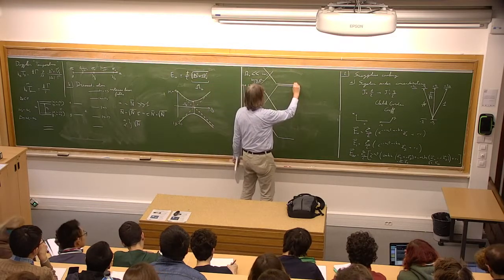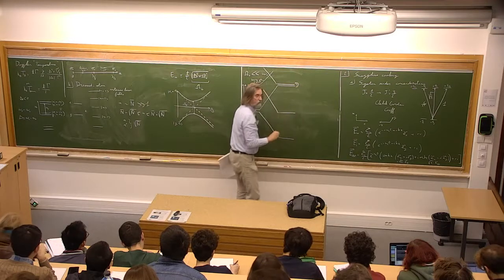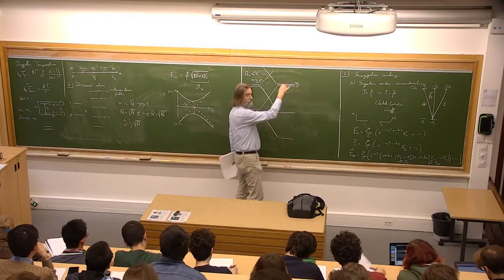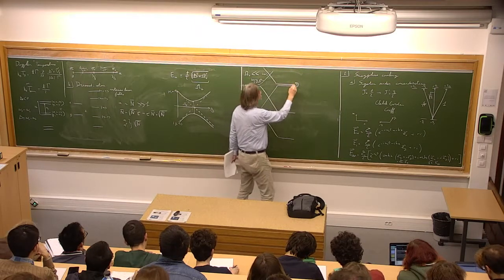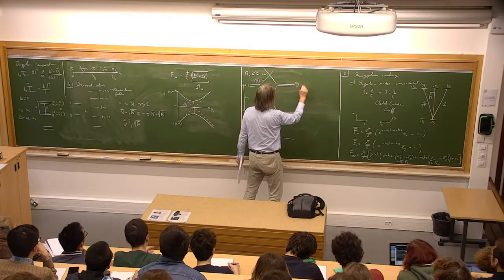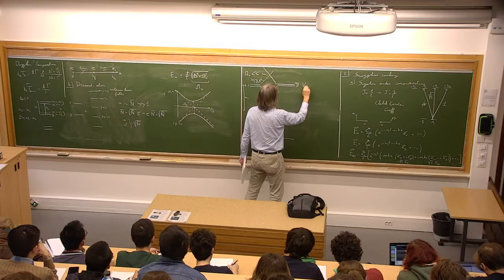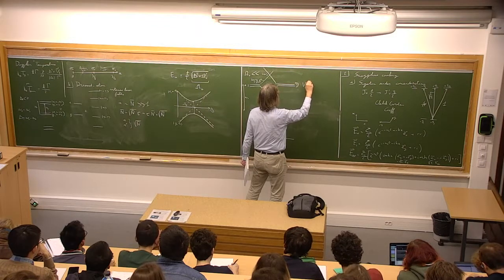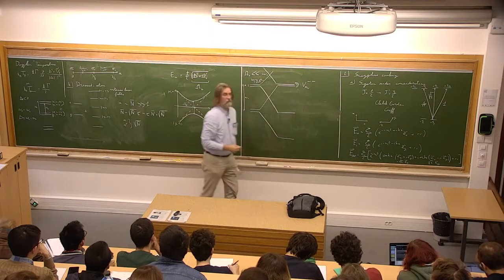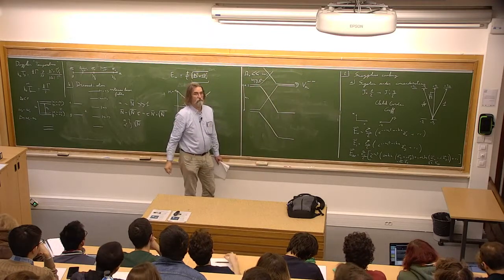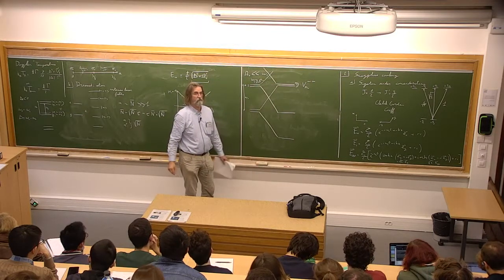If you look at what is going on in this kind of submultiplicity, you see that these two levels are precisely coupled by the non-resonant part of the coupling Hamiltonian.